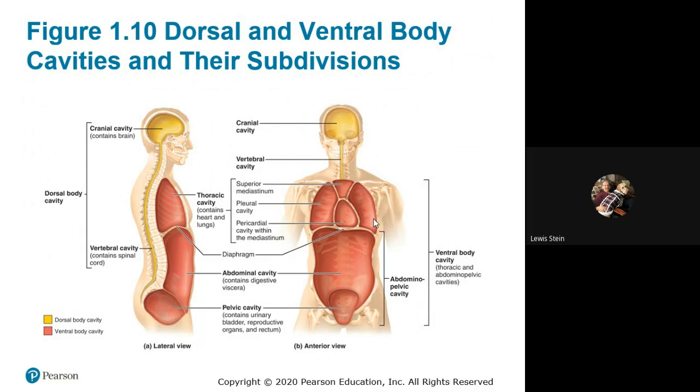Let's say a bad accident where someone gets hit here, or a projectile. Okay, so you'll have a phenomenon because air gets in and collapses the lung called atelectasis. You're still able to breathe for a period of time until you can put a tube in and reinflate the lung, because if you don't, that lung can be permanently damaged. So you have those two.